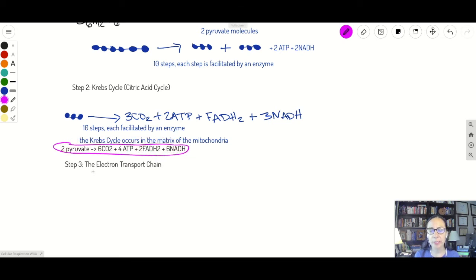Okay, so that comes out of the Krebs cycle. And then we're going into the electron transport chain, and that happens in the inner membrane of the mitochondria. And so what we have now is we actually have 6 ATP because we have 4 from the Krebs cycle and 2 from glycolysis.